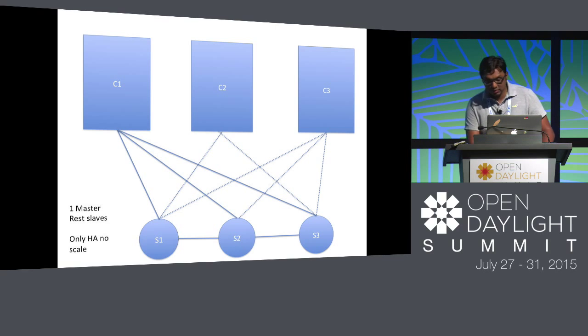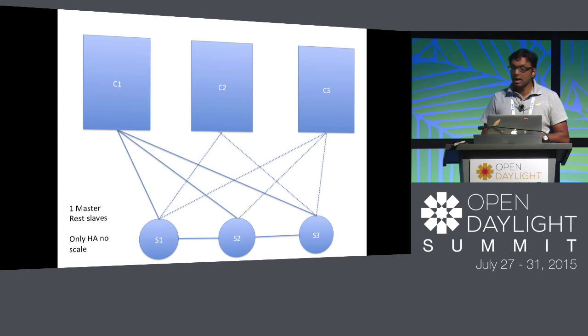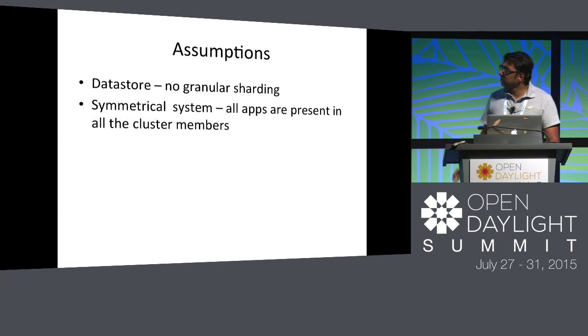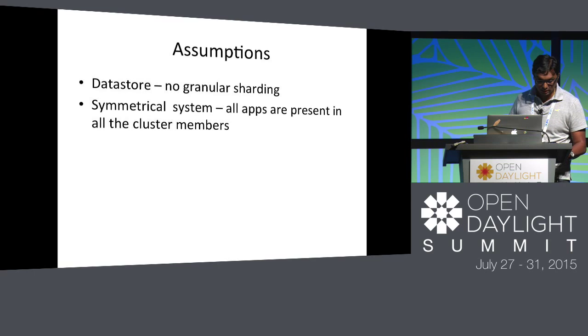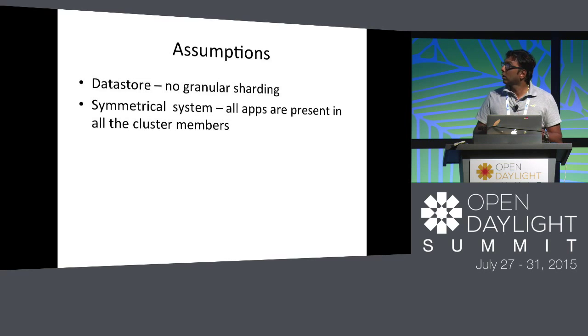So what we are trying to achieve here is to have both a scale and HA solution. The way we can achieve it is by distributing the ownership of the switches across these controllers. The assumptions this design has, which are subject to discussion, are that we would not be piggybacking on the data store's granular sharding.